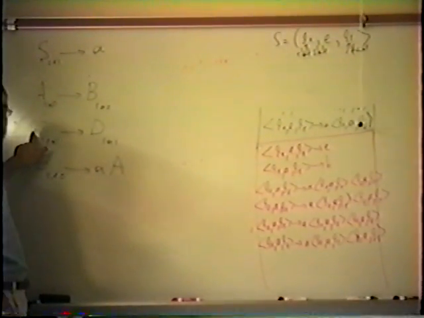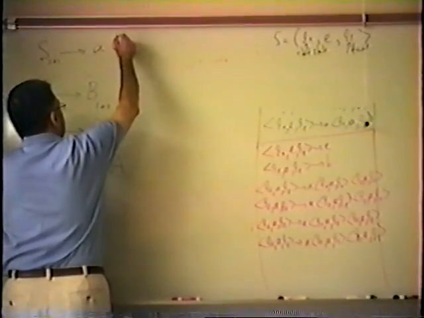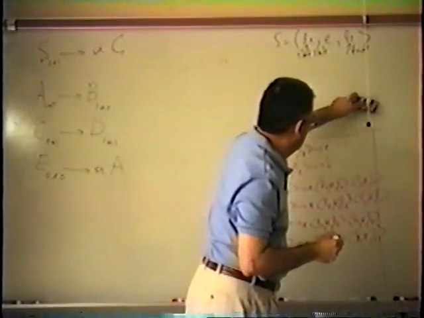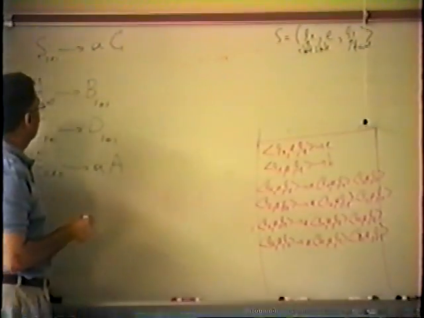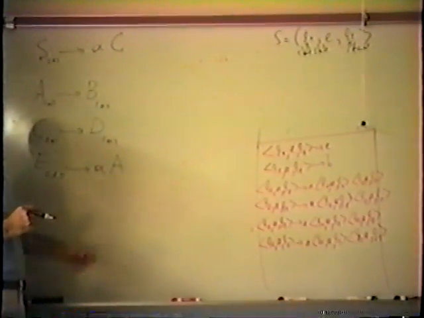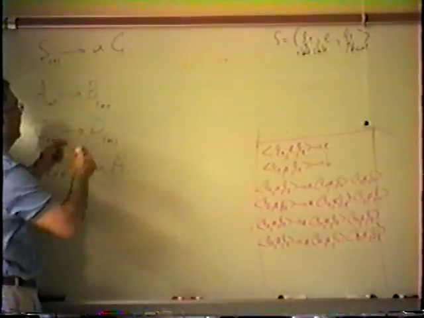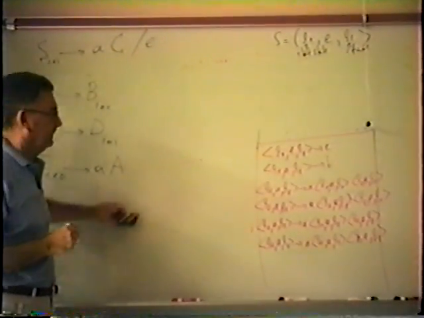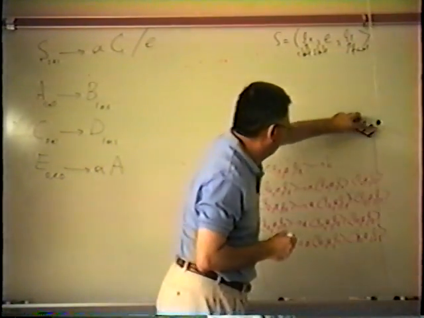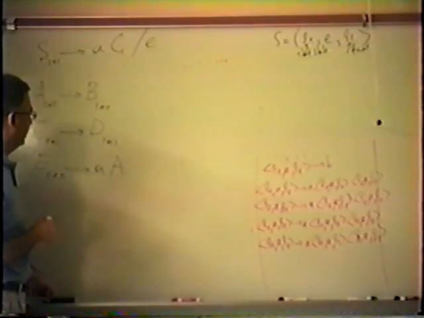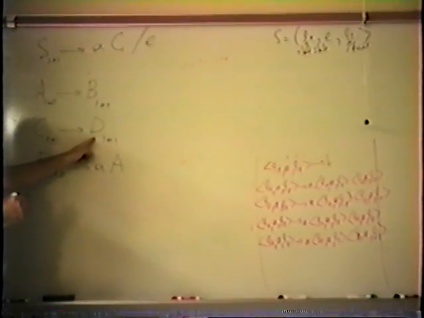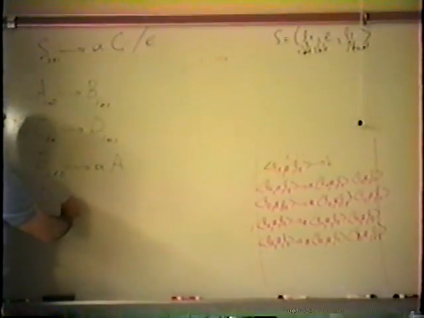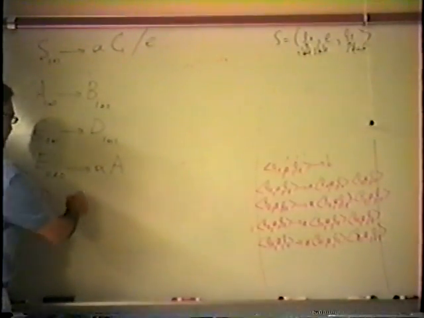I called it C. Okay, 0E1, that's the starting state. Goes to E. So I'll just put it goes to this or E. 1A1, I used it. I call it D. So D goes to B.